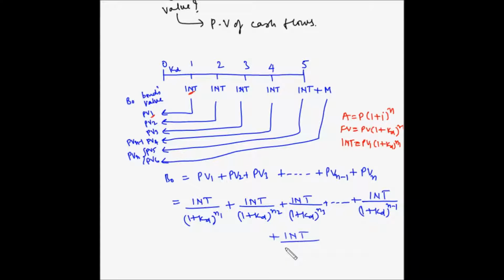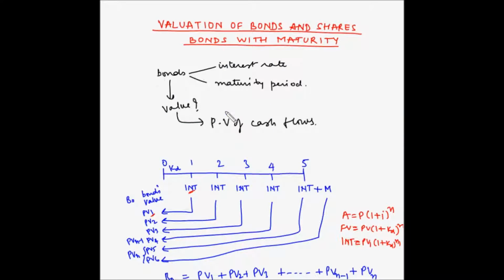So INT divided by 1 plus KD to the power N plus for M divided by 1 plus KD to the power N. Both will have the same tenure for discounting. So we can have this part in one bracket. Let me erase this portion here to continue this discussion.